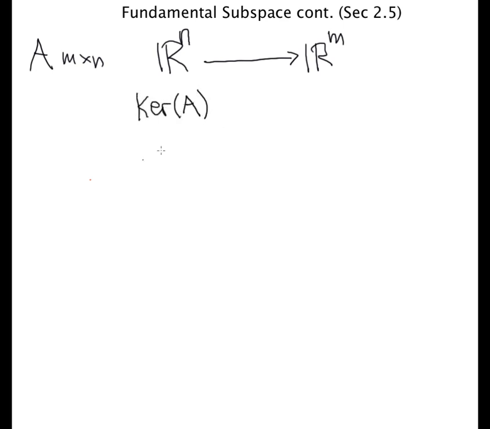Put all of this information into a diagram as follows. So A is our m by n matrix, and we have this map from Rn to Rm, and over here we have the kernel of A, and we also have the corange of A, which is to say that's the same as the range of A transpose.